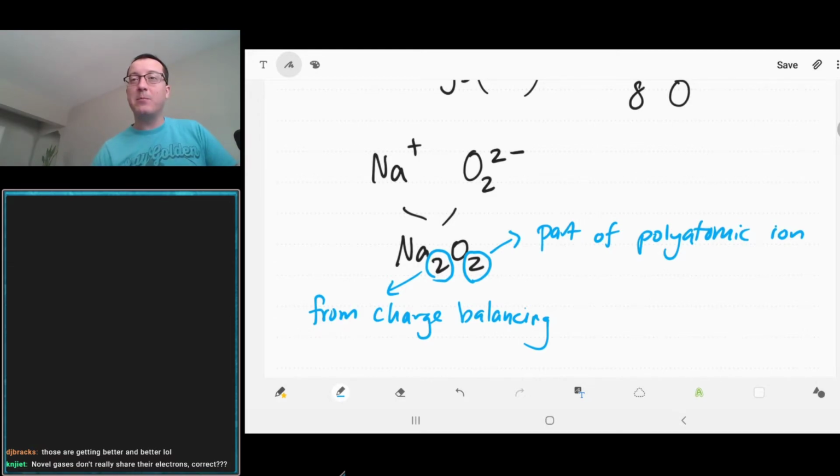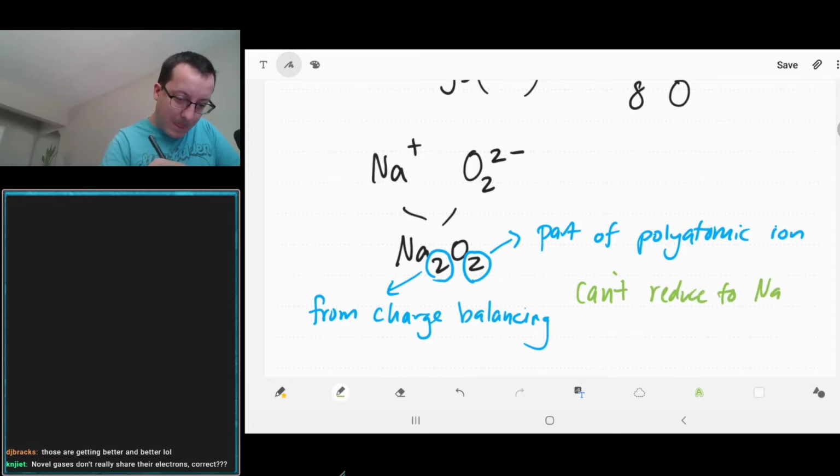Because these 2's represent different things, we can't reduce this. We cannot reduce that to NaO because those 2's mean different things. That 2 on the oxygen is part of the polyatomic ion peroxide, and we're going to see that that is very different than just plain old oxide. And since the 2 from sodium comes from charge balancing, they're different.